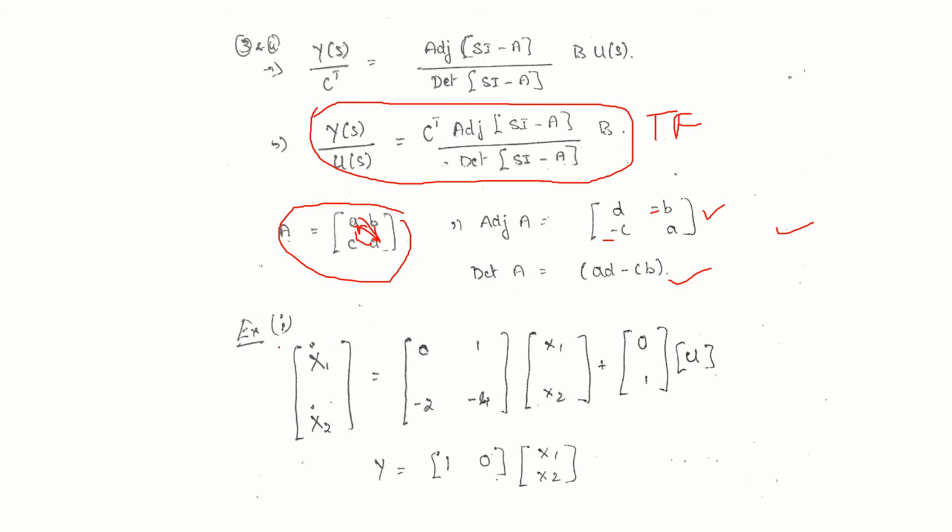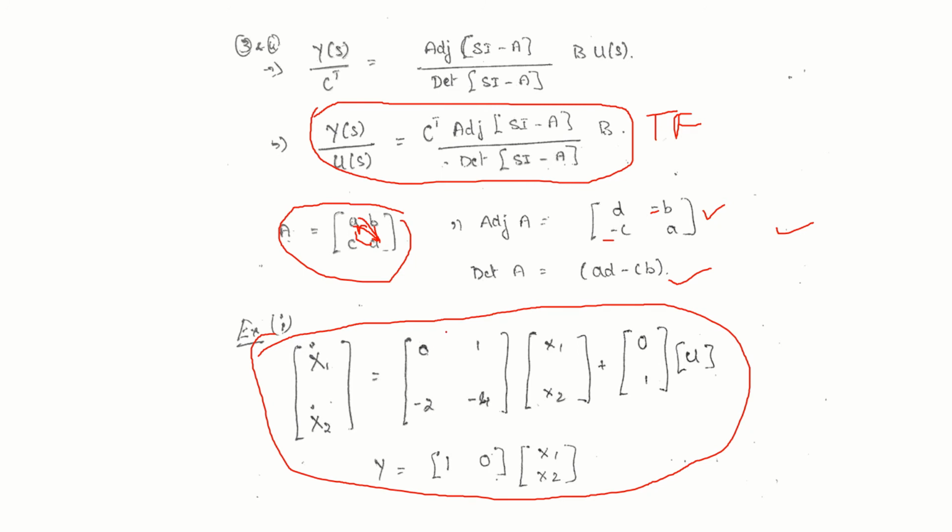Correct. Suppose this is the state model given to you. So we have the A matrix, B matrix, and C transpose matrix, transpose because I write it in a row form.